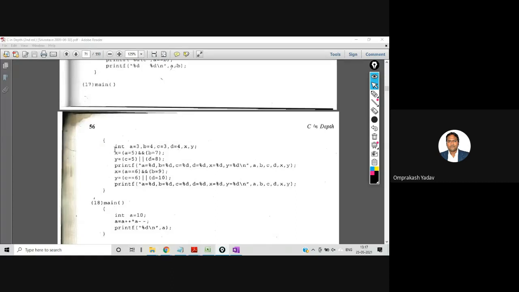So I think this is what we were solving. Okay, so we'll solve this one first now. So let's solve this one. Try all of you.